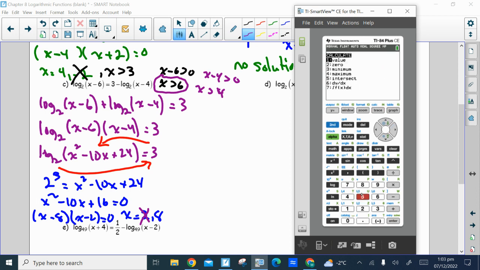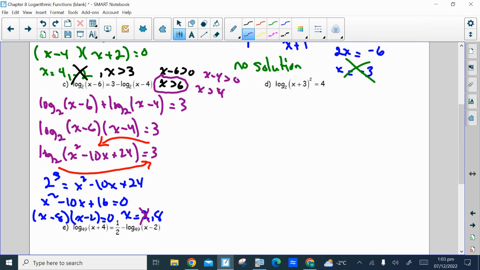Second function, trace, number 5 for intersect, enter. So now I'm going to have to just go over with my arrow key until I see my cursor showing up on that first graph. There it is. Enter, second curve, enter, guess, enter, and there we get our answer at 8, 1. That just confirms that x equals 8 is an answer. Okay?